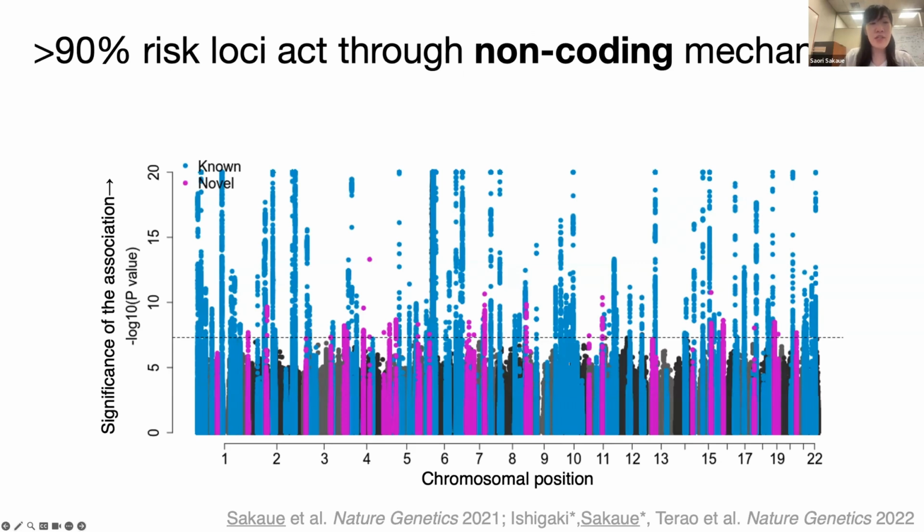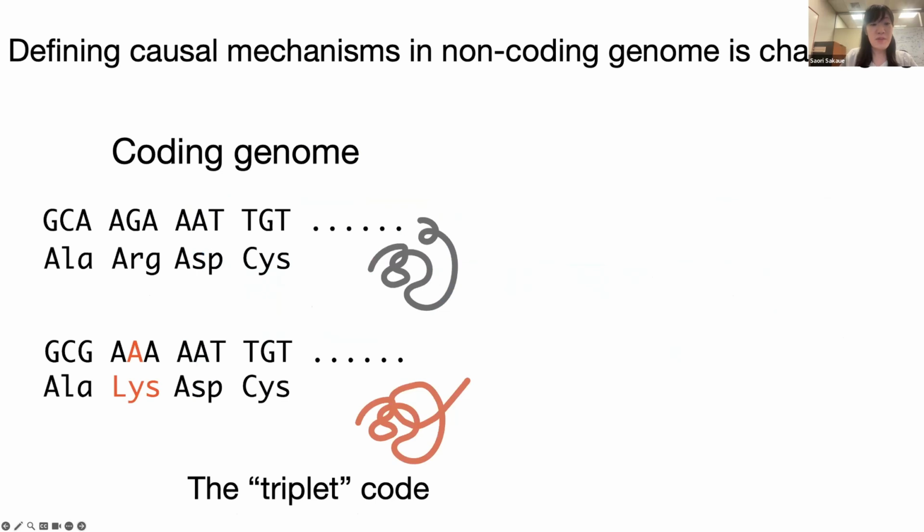However, the key challenge whenever we do GWAS is how to interpret a lot of disease loci. The key point here is to consider that 90% of the risk loci that we identify from GWAS act through non-coding mechanisms. This may also be a little obvious to you, but defining the causal mechanisms in the non-coding genome is very challenging.